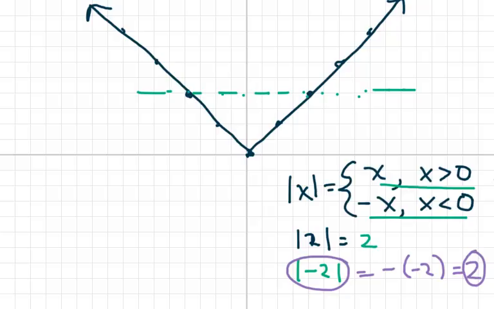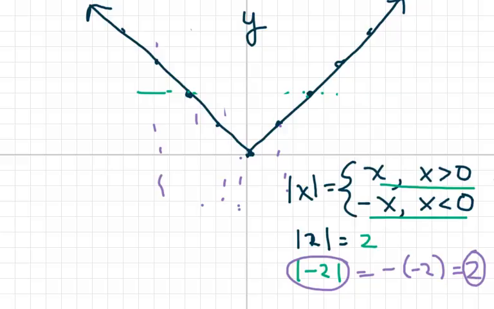It is a function because you test it with the vertical line. You draw a vertical line down, and it only hits one place on the graph. That means it's a function. Next, it's symmetric about the y-axis. Here's the y-axis. It means I can fold this up on the y, and the pieces should match.